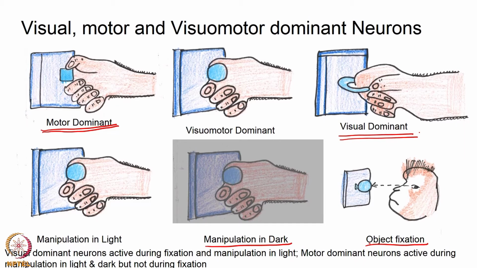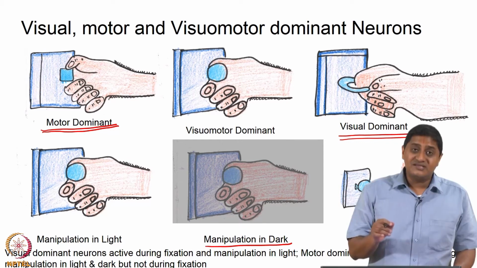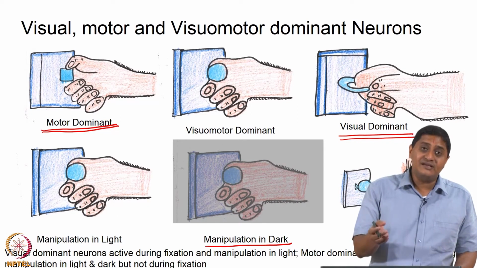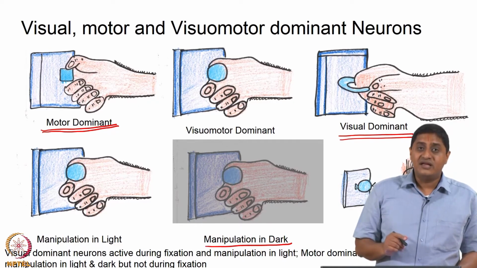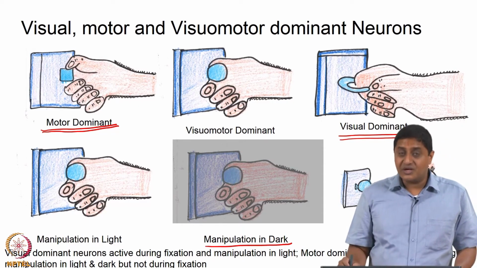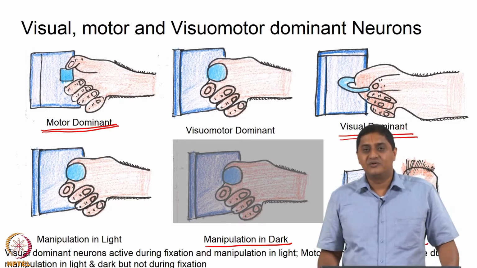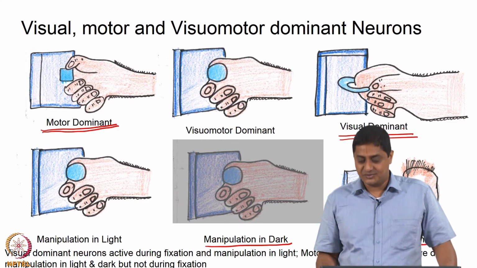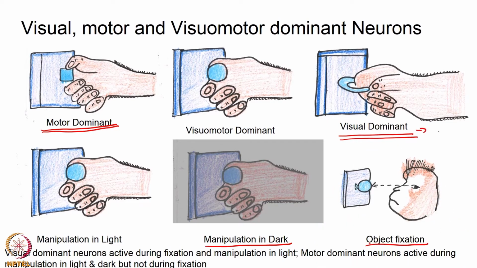These neurons are expected to be active during object fixation and manipulation in light, but since manipulation in darkness does not involve any visual component, these neurons will not be active during manipulation in darkness. These neurons will be active during manipulation in light and manipulation in darkness, but not object fixation.